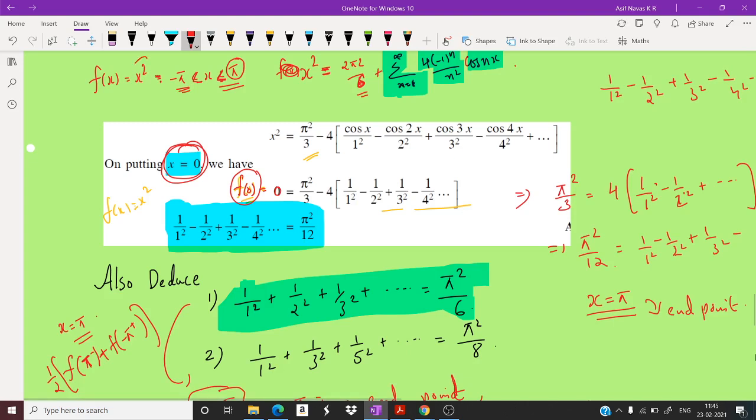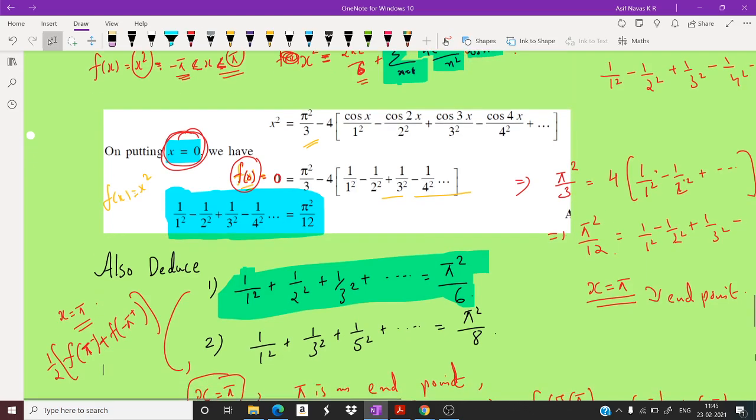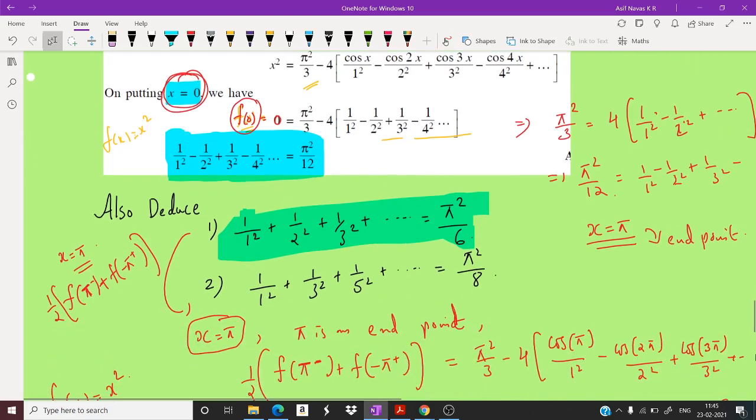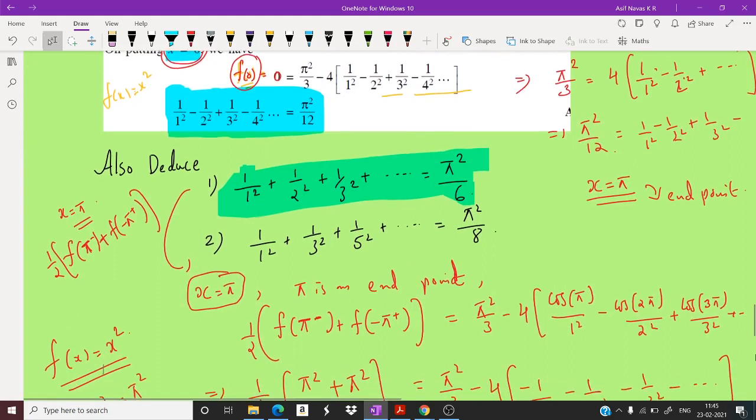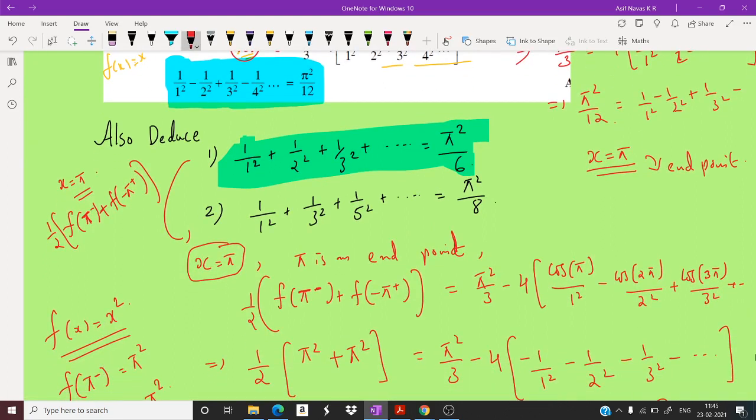But in this case it is continuous, therefore we will get the same value. For a few functions it may not be continuous, then we will get different values. I will do such problems in the next class.